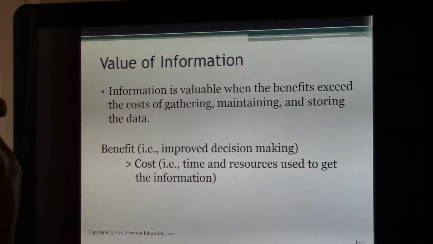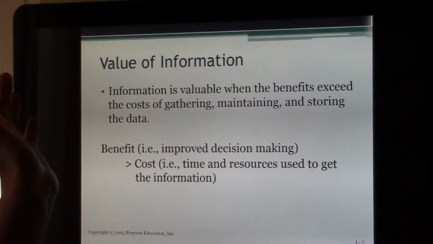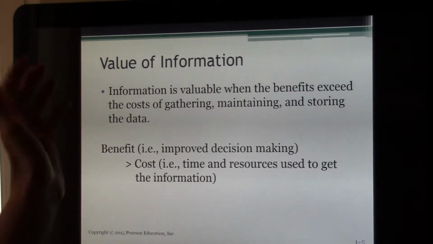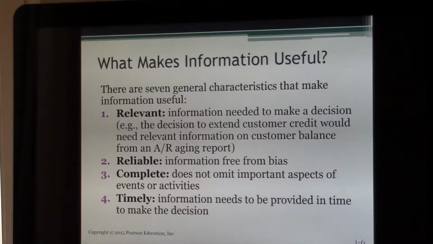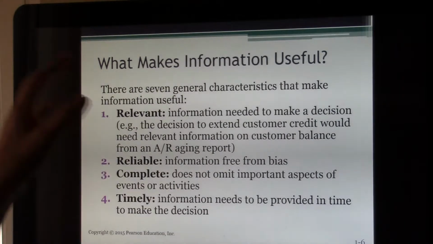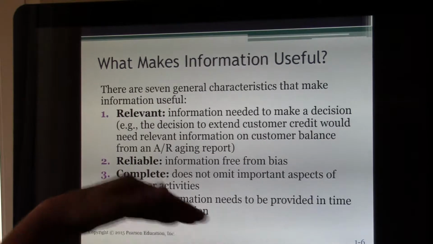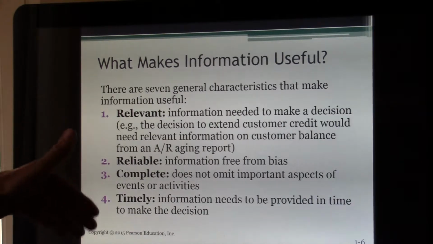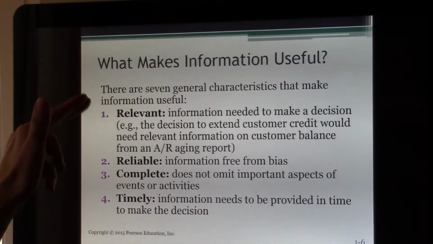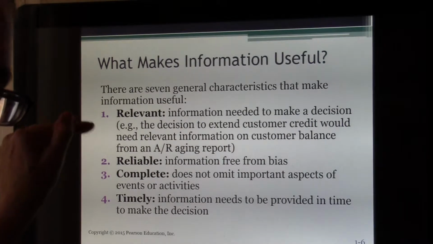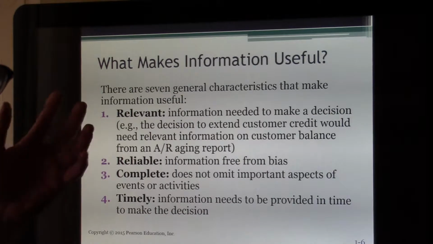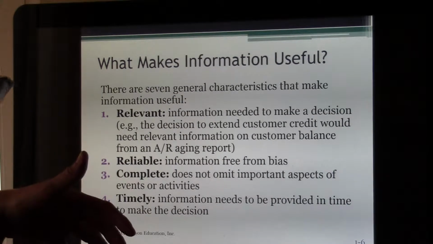Alright, so information is valuable when it provides benefits, of course. Now, what makes information useful and beneficial? Right? So why we need to think about this, what makes information useful, is because when we set up our systems, we need to make sure that when we put data in, the information we get out has these qualities.